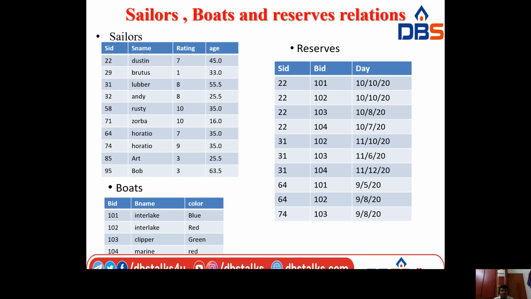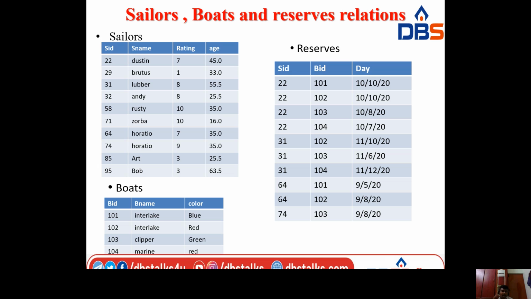Now coming to the sailors and boats relations. This is the sailors relation, and then the boats relation, each with some set of values, and the reserves relation with some set of values. Here sailors is the relation or table with 4 columns.